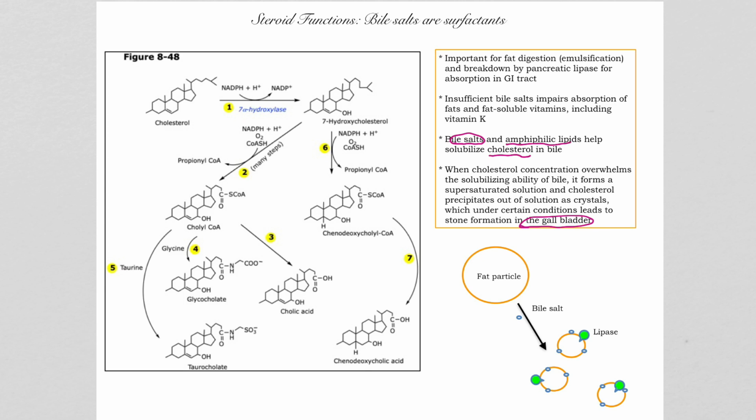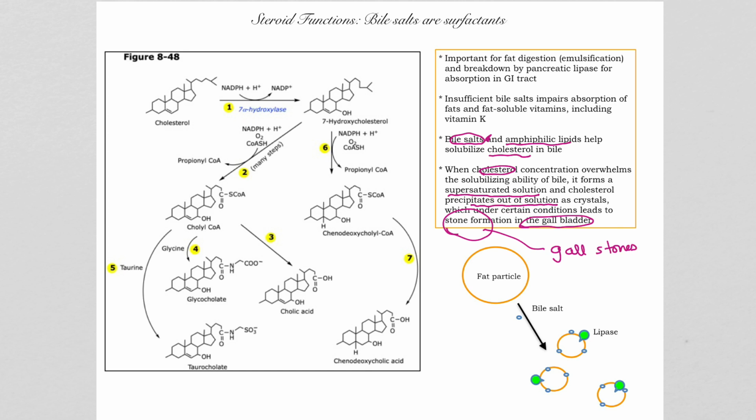If there is too much cholesterol in the bile and not enough bile salts, then the cholesterol can precipitate because it forms a supersaturated solution. So the cholesterol can precipitate out of the bile, and that can lead to the formation of gallstones.